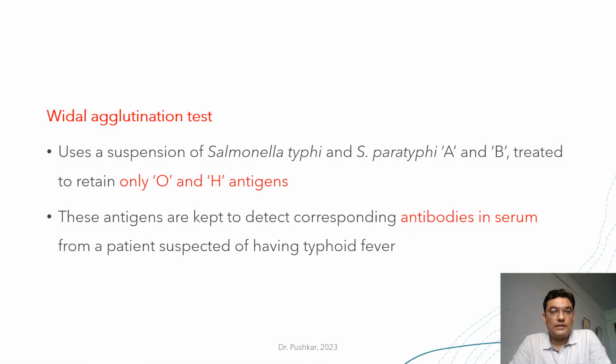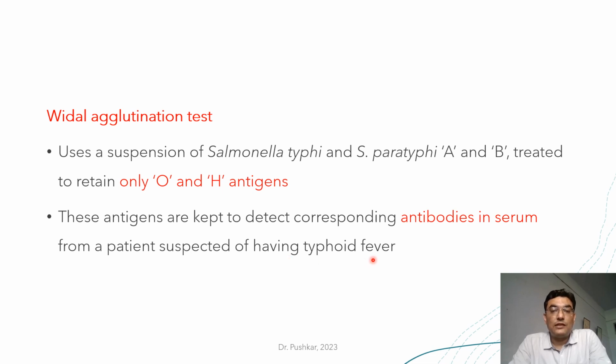One more very important test which you all must be knowing about is the Widal agglutination test, very commonly used. You all must have seen the Widal test in the prescriptions. So the Widal test uses a suspension of Salmonella typhi and Salmonella paratyphi A and B, which are treated to retain only the O and H antigens of the Salmonella, and these antigens are used to detect the corresponding antibodies in the serum from a patient suspected of having typhoid fever.